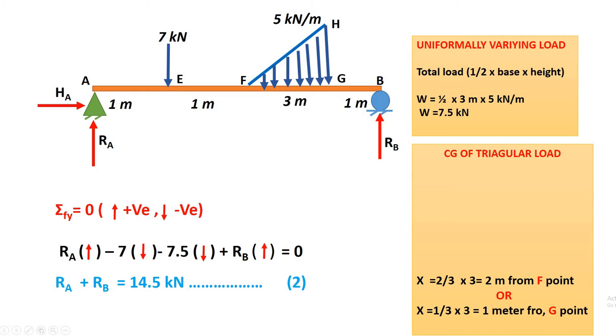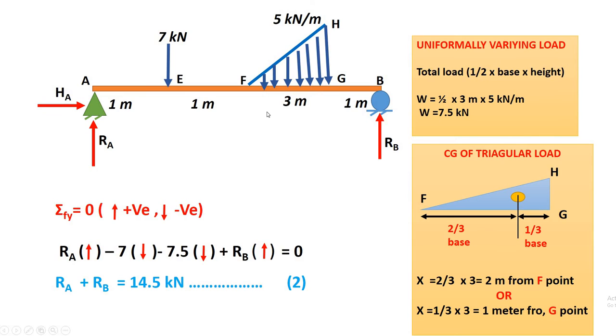Now we also need to determine where the total UVL is acting. So we need to determine the centroid, the center of gravity of this triangular load. Is it a triangle? What is the name of the triangle? FHG. And where is the CG of the triangle? It is 2/3 of the base from the end point of the triangle and 1/3 of the base from the height.